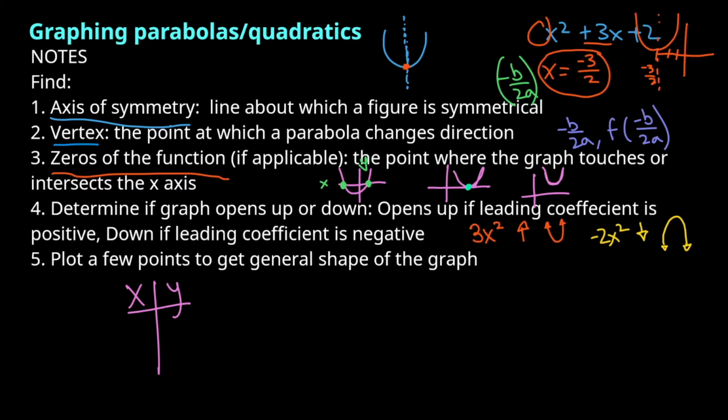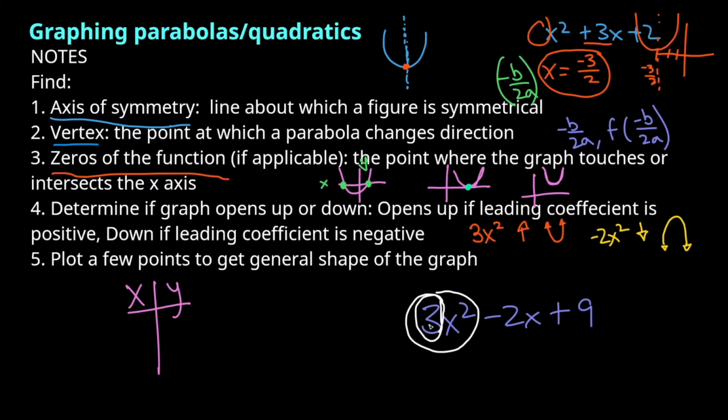So the leading coefficient, if we had 3x squared minus 2x plus 9, I'm just making this up, is the coefficient of the leading term. So the leading term is all the way in front, and the coefficient is the 3.